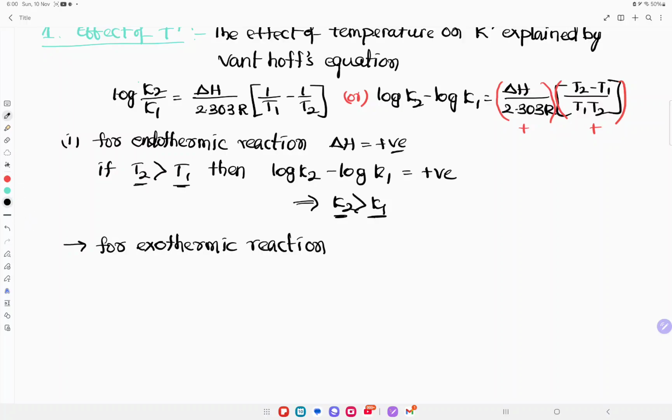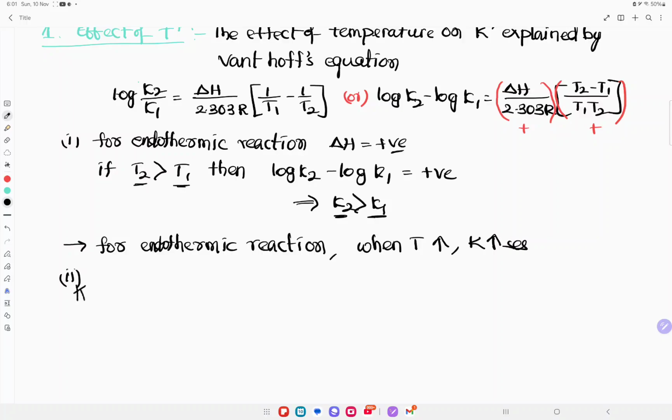Yes. For endothermic reaction, when temperature increases, K value increases.